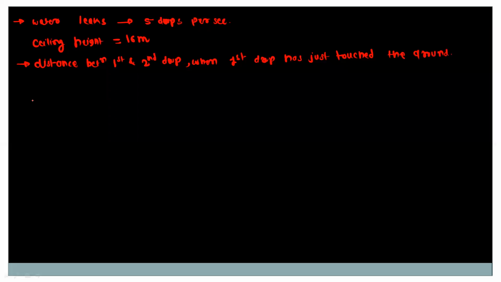Okay. So this is the schematic diagram for the given problem. Suppose this is the ceiling, and from this point, water is leaking at the rate of 5 drops per second.